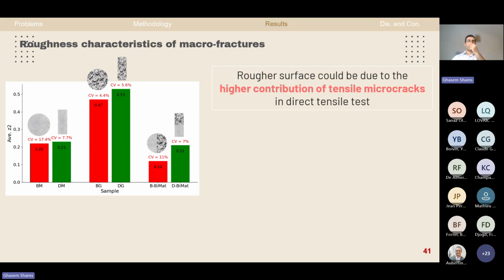But how can we explain this? The rougher surface would be due to the higher contribution of tensile microcracks in the direct tensile test. In contrast, we said that the higher contribution of shear microcracks increases the tensile strength. Here we say that a higher contribution of tensile microcracks results in rougher surfaces. Why?